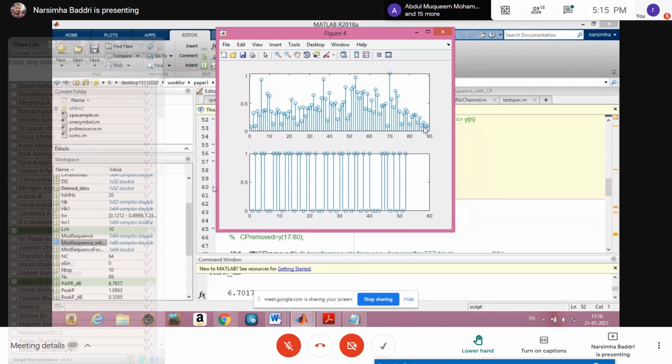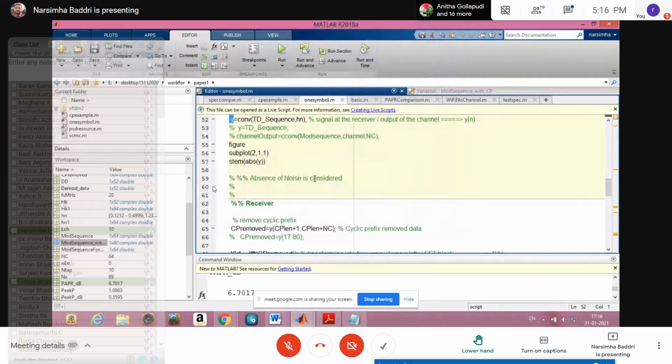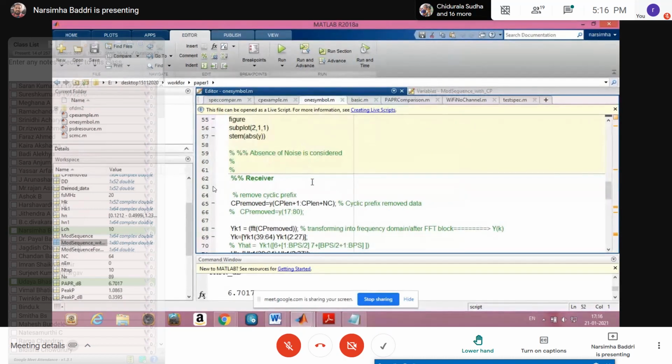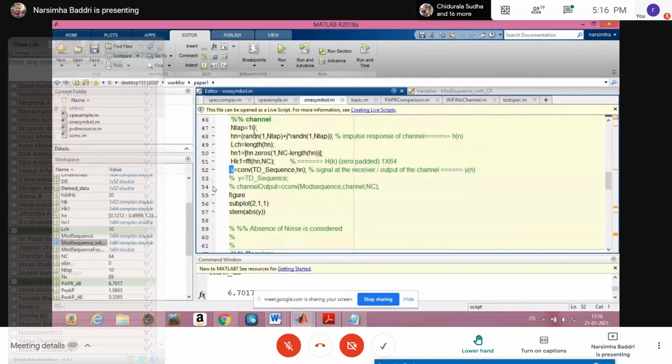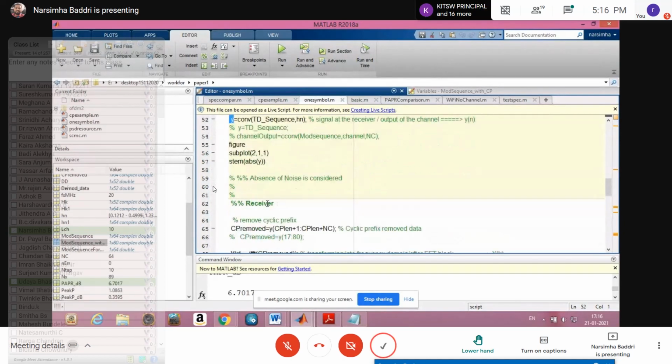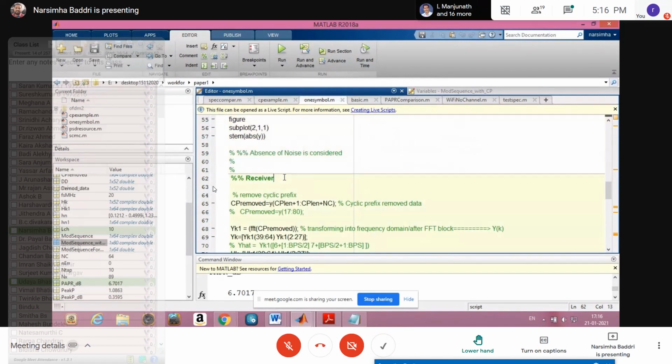You can also see that data in figure 4. Because your input data stream is 80 samples and your channel impulse response is 10 samples, the total data length becomes 80 plus 10 minus 1, so a total of 89 samples.